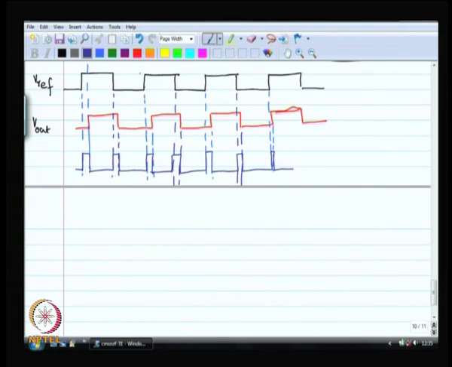Okay. And if you take the average over a cycle, it is kind of proportional to the phase difference between the two.